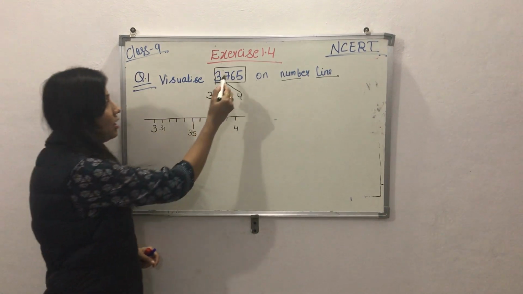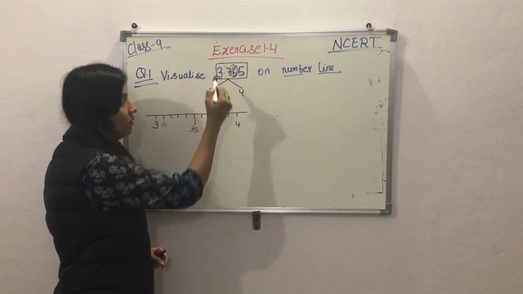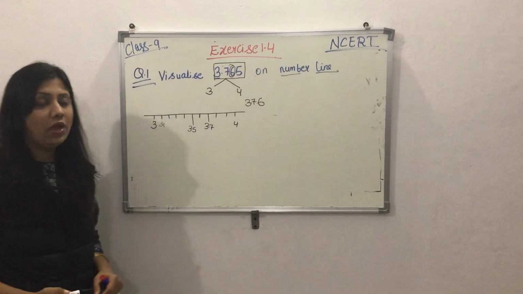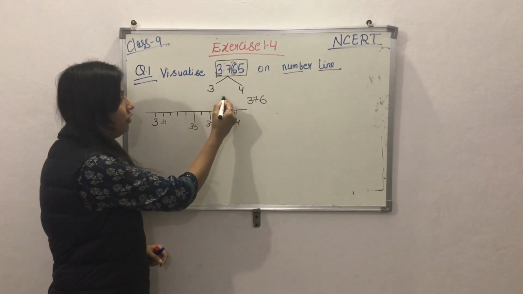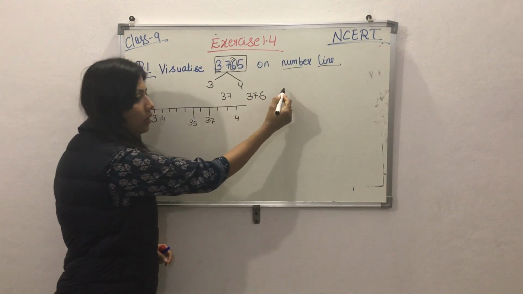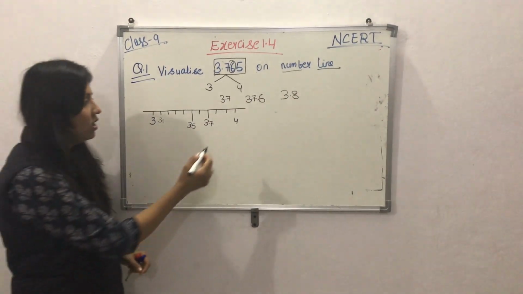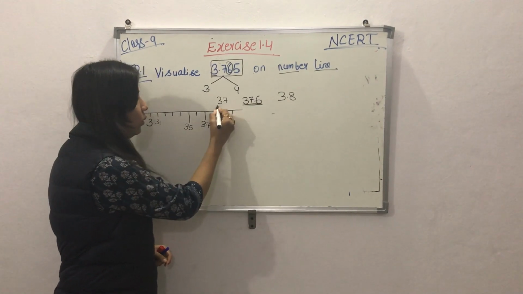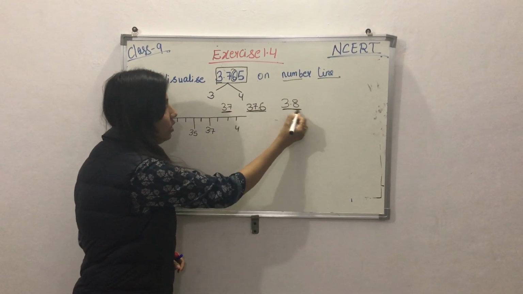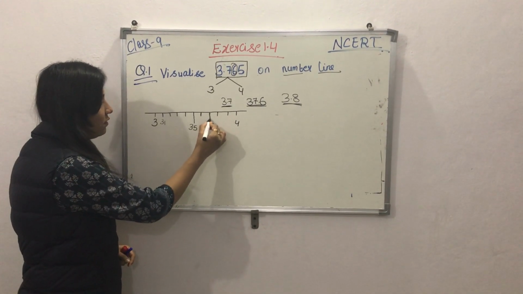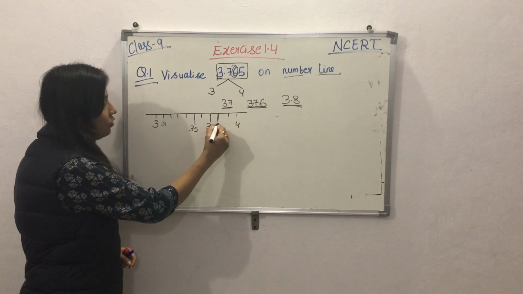Now, the next number I want is 6. So 3.76 will lie between 3.7 and 3.8. So what I will do, this is my 3.7 and this is my 3.8.